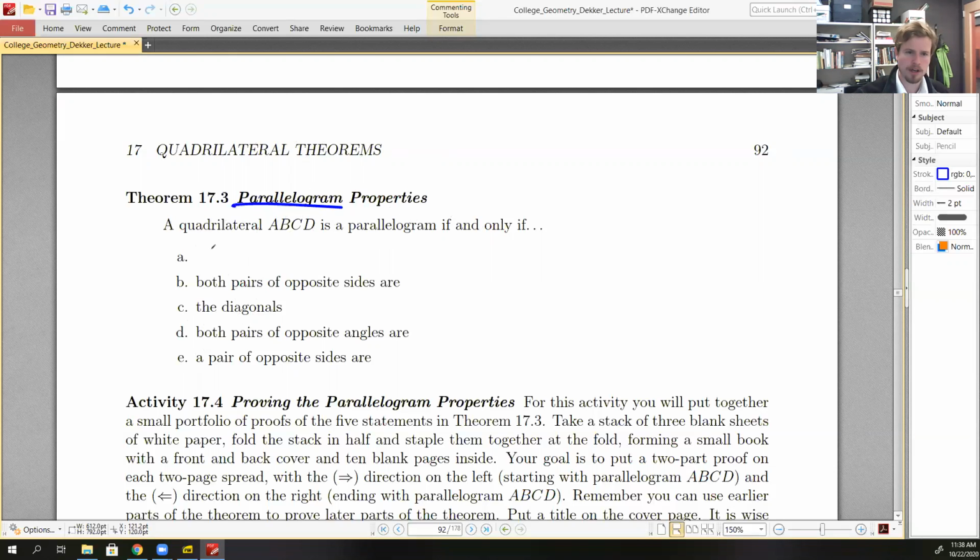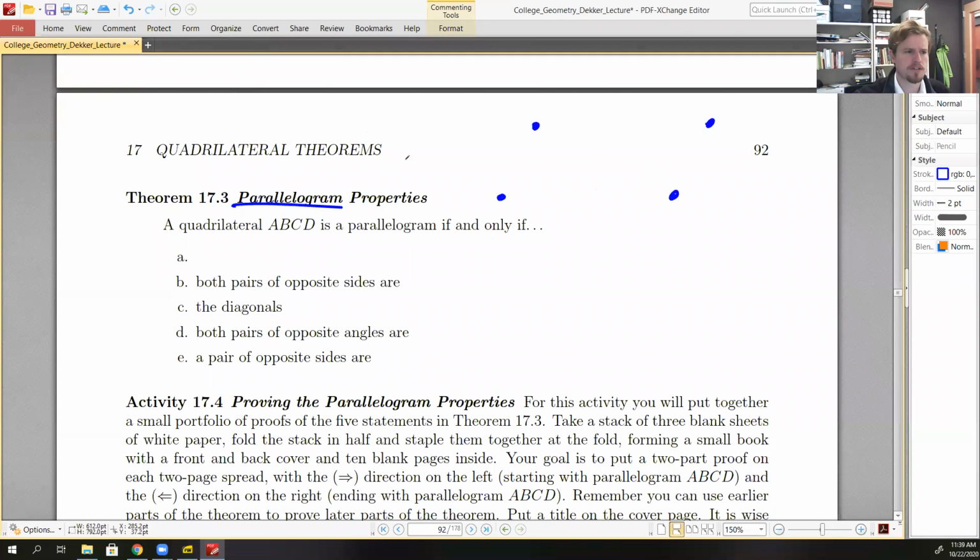So again, any one of these will give a parallelogram, and a parallelogram will give any one of these that you like. And what are the conditions? Well, let's say we have a parallelogram. Let's try and write this out here.